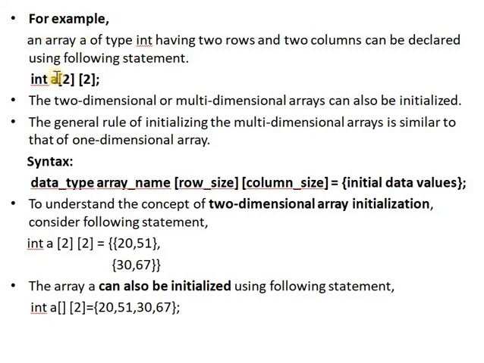Consider the example of an array. The array name is A, which has 2 rows and 2 columns. The first square bracket value represents the row value and the second square bracket value represents the column value. Here I define an integer type array named A, which has 2 rows and 2 columns.